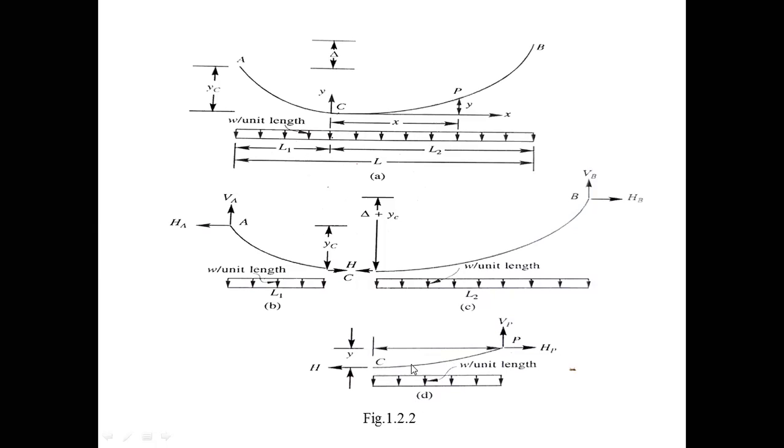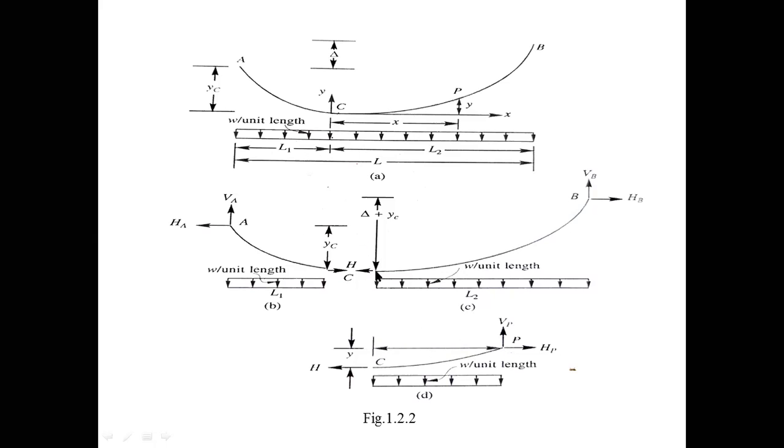In which X is the horizontal distance from point P to the lowest point C. X is the horizontal distance of point P from the lowest point.